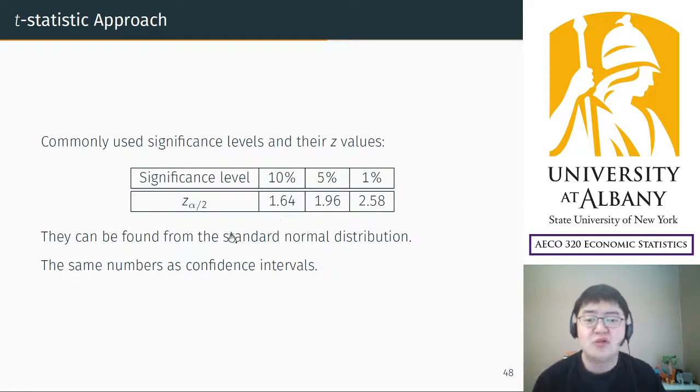They are so commonly used, and we already used them in confidence intervals. In the confidence intervals, we needed these numbers, so it's not bad to get more familiar with them. Or you can use these numbers in the homework. So I'll make it a cheat sheet.